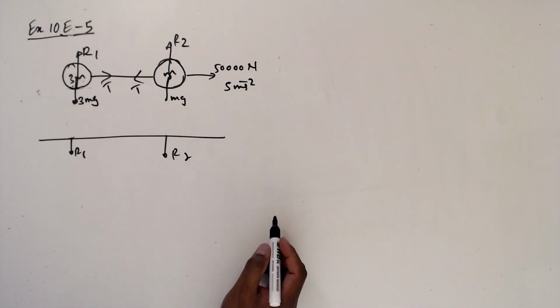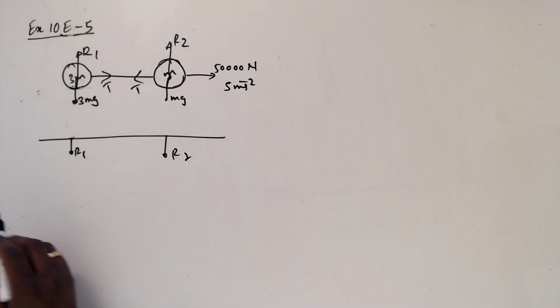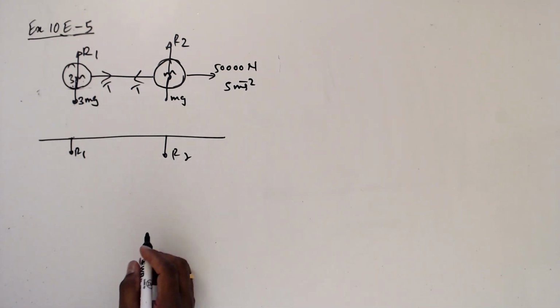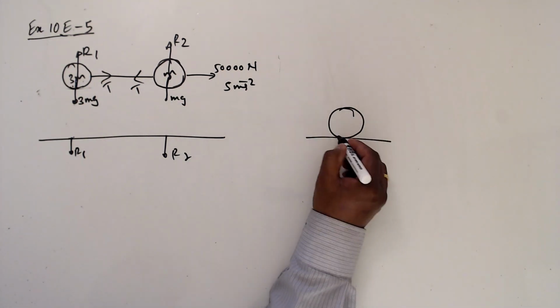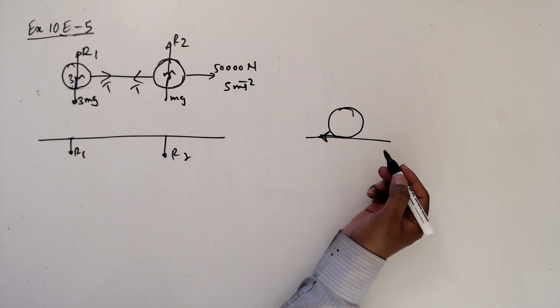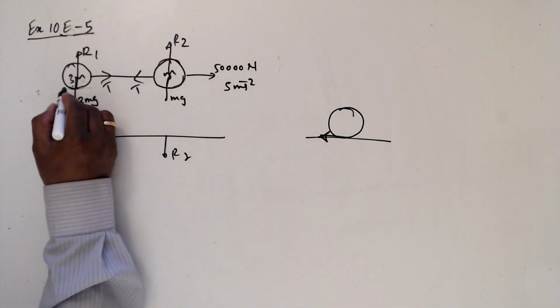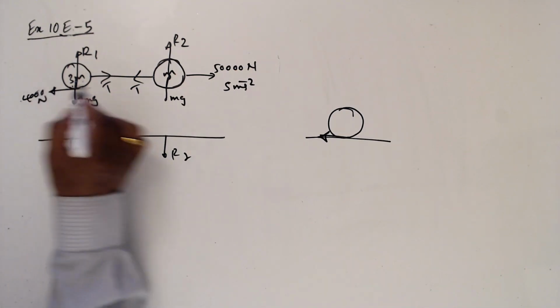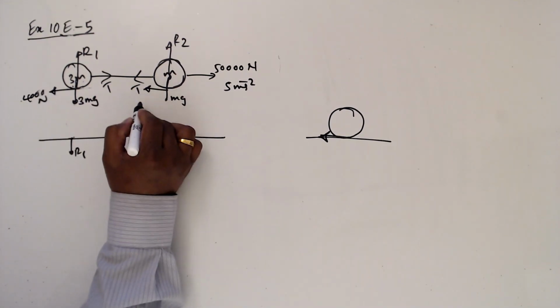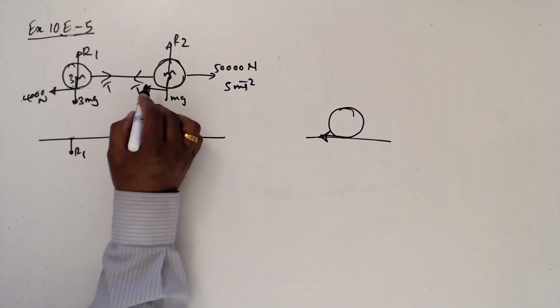And now there is a resistance. I can see 4,000 and 10,000. So basically we mark resistance like this. So I will mark resistance to here: 4,000 Newton, and this is 10,000 Newton.